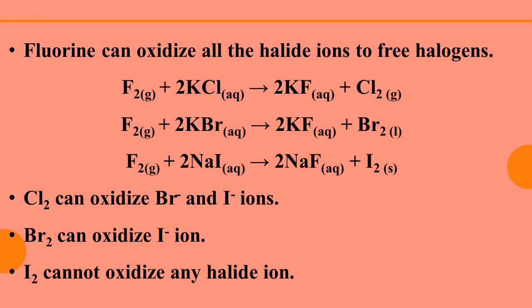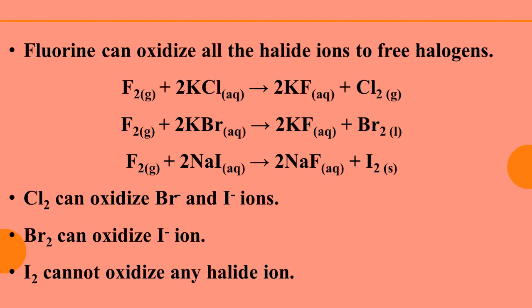In the next equation, fluorine is displacing bromide ion and is forming potassium fluoride KF and Br2, bromine. In the third equation, fluorine is reacting with NaI, sodium iodide, and is removing iodide ion and forming sodium fluoride NaF and I2, iodine.